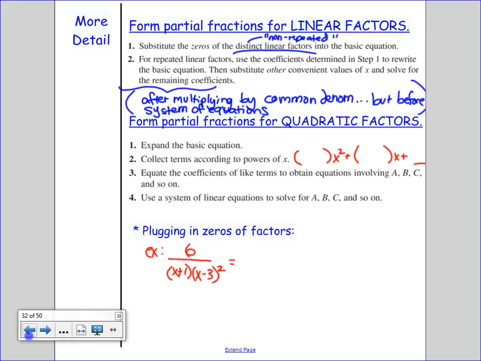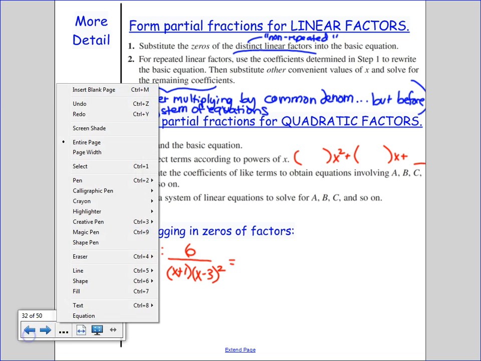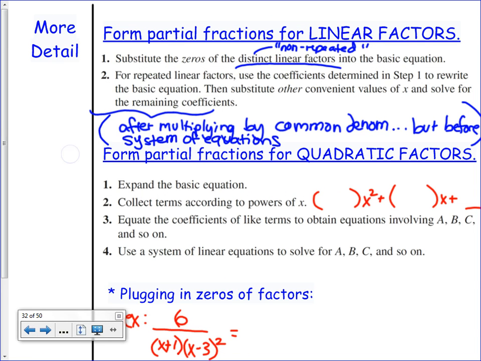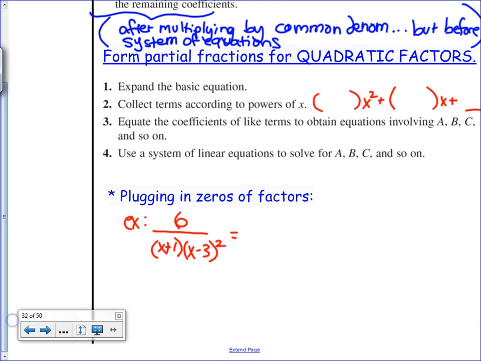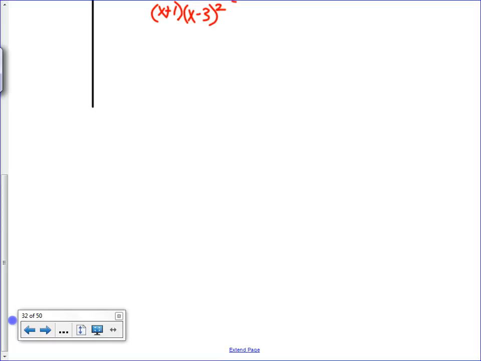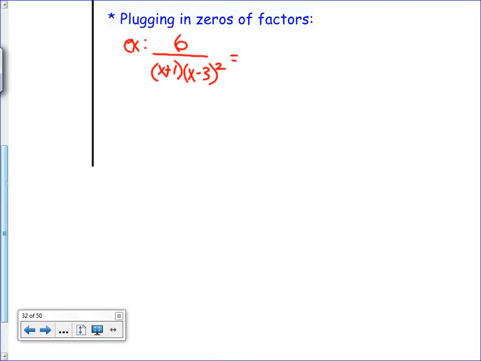All right. Let me show you what I mean by plugging in zeros of factors, but not the thumb trick. All right, cool kids. What would you do? We get this problem all zoomed in. What would you do?